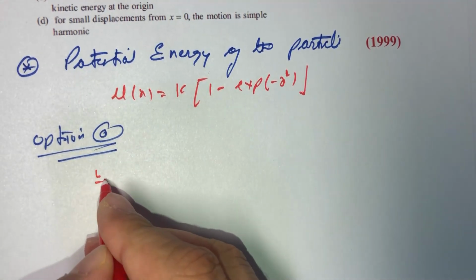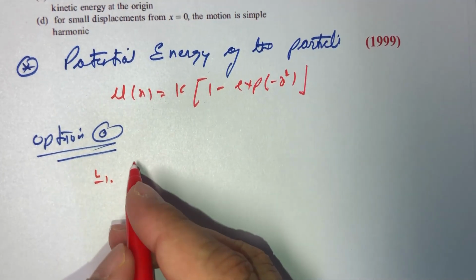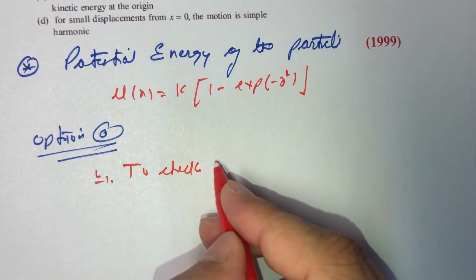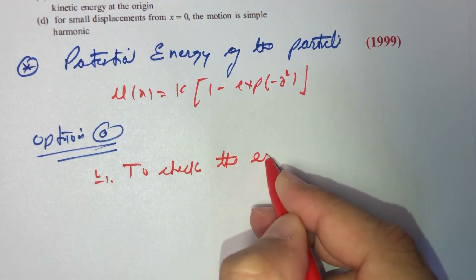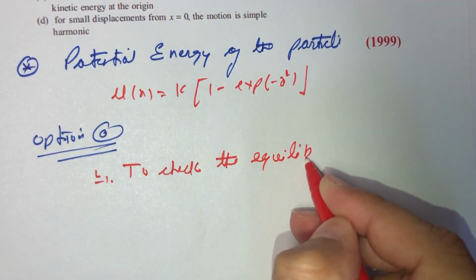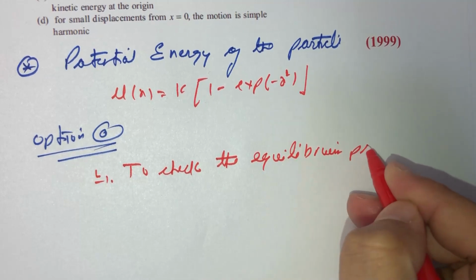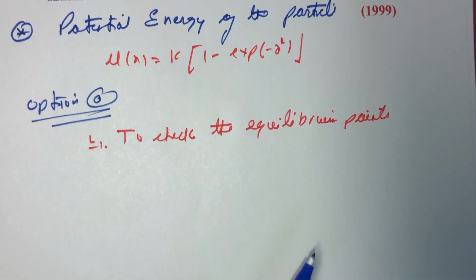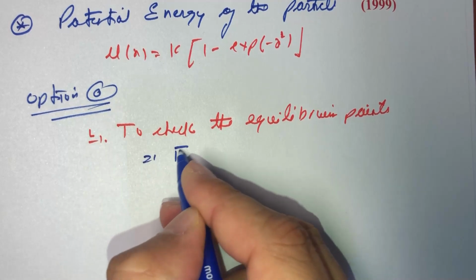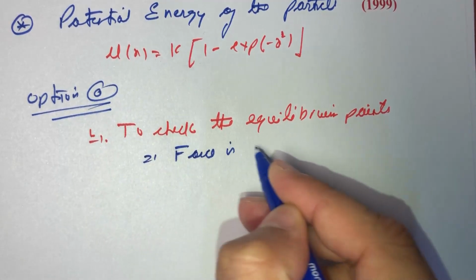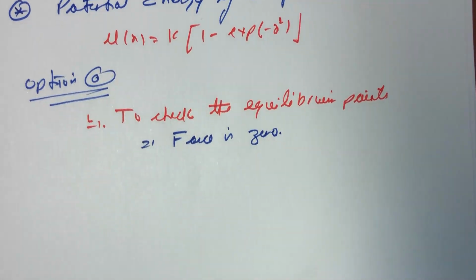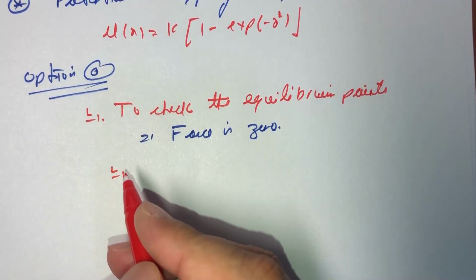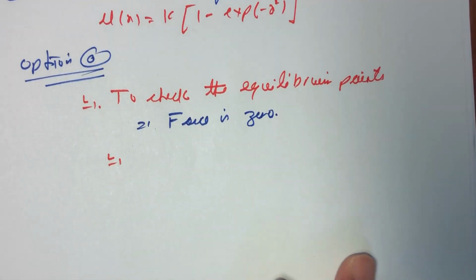So let us start. To check the equilibrium points, the force is equal to 0, which basically means that the derivative of potential energy with respect to x should be equal to 0.